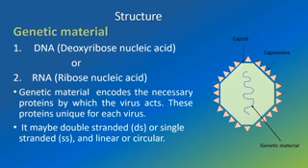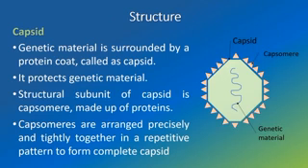The next one is the capsid. The genetic material is surrounded by a protein coat which is called the capsid. It protects the genetic material. The structural subunit of the capsid is the capsomere, which is made up of protein.